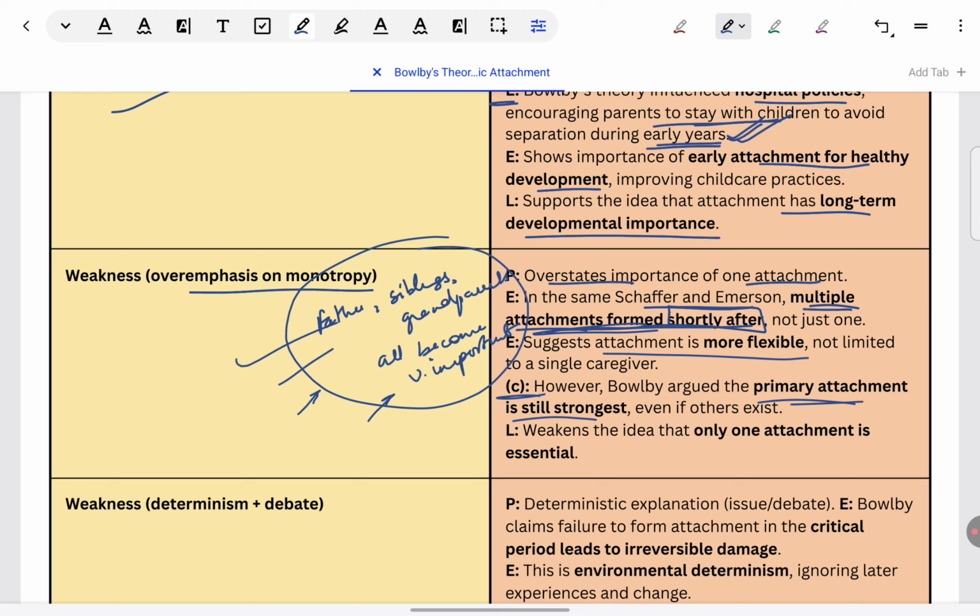That is going to have a greater impact on the baby than all the other multiple attachments combined. Means the baby is still going to have difficulty in adulthood despite having good relations with others. So that's why Bowlby is trying to say the primary attachment can override all other attachments. He's just trying to say it's the most important. He's not denying that multiple attachments exist.